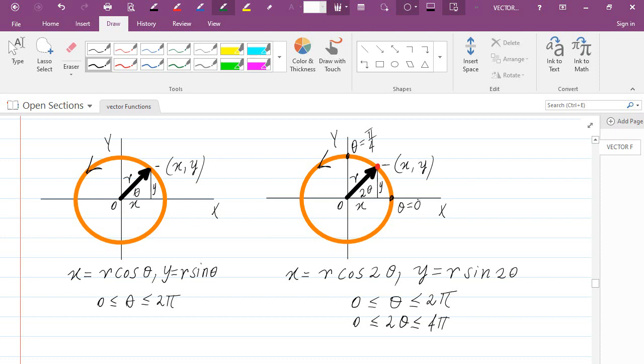When theta is pi over 2, we will be here, and we'll be here when theta is 3 pi over 4.